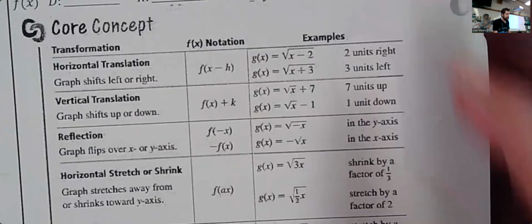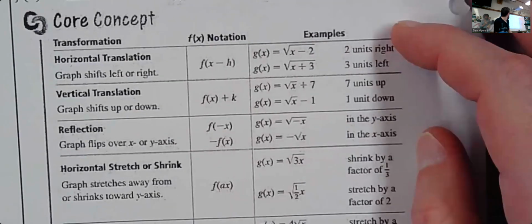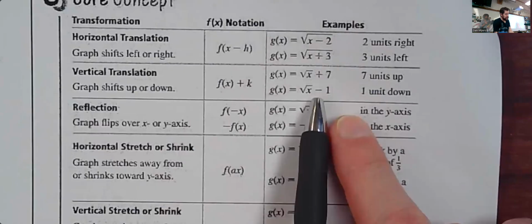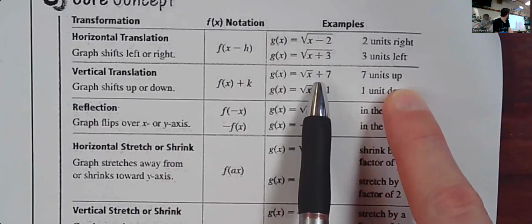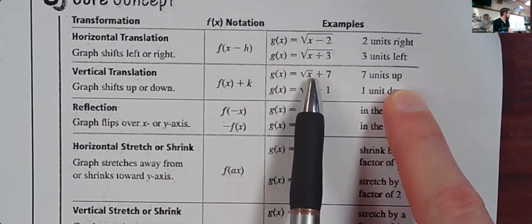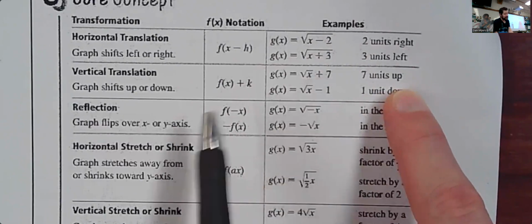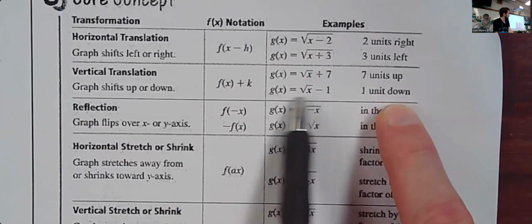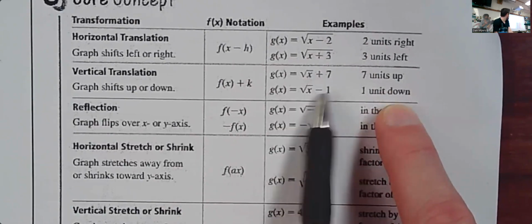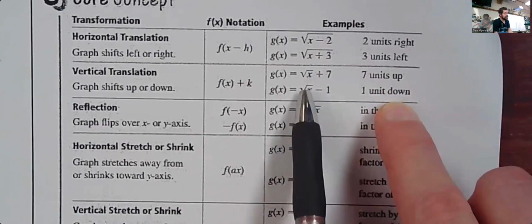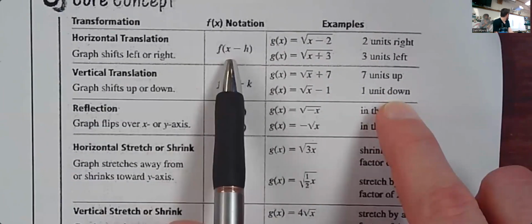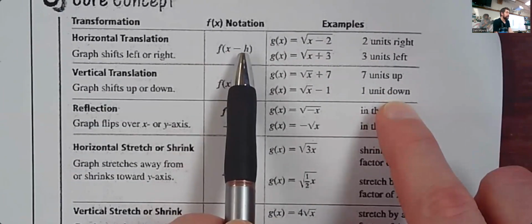So if you take a look here, if you add 7, if you go up 7 units, we're adding 7, but we're not adding it to the inside or underneath the radical as part of the radicand. With a downward shift, same thing, the -1 happens after the radical. If it is a horizontal translation, that is happening within the group.